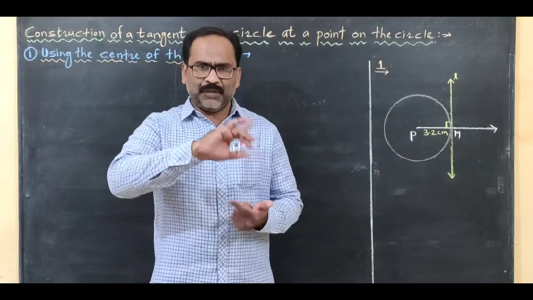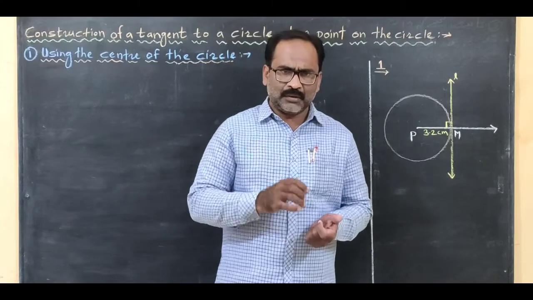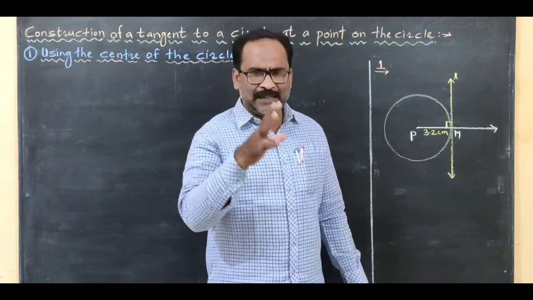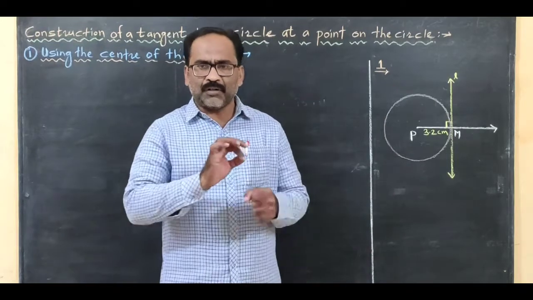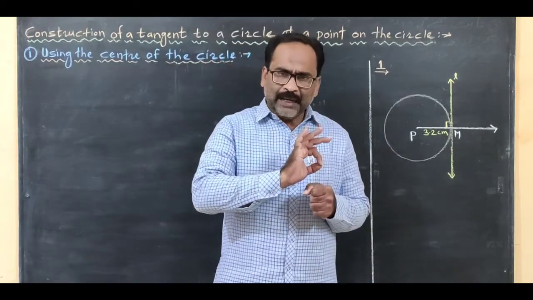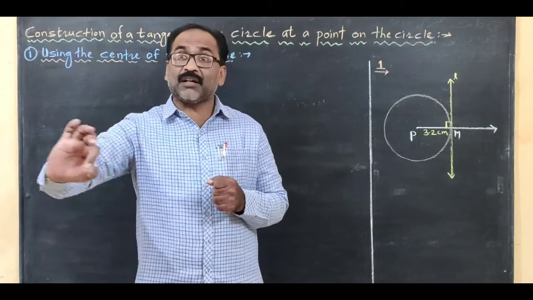Clear? First we draw a circle of given radius. Then we draw a ray from the center of the circle.